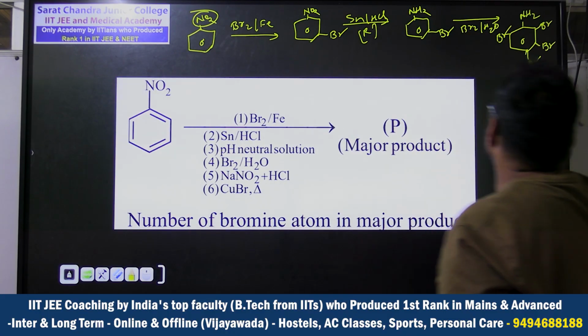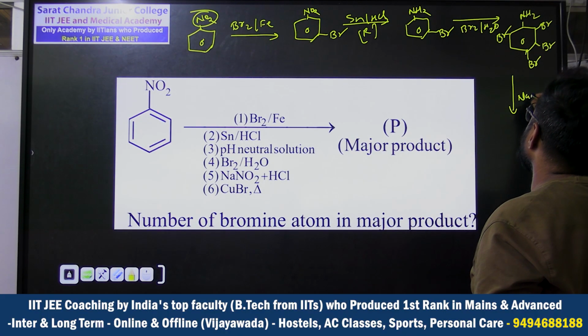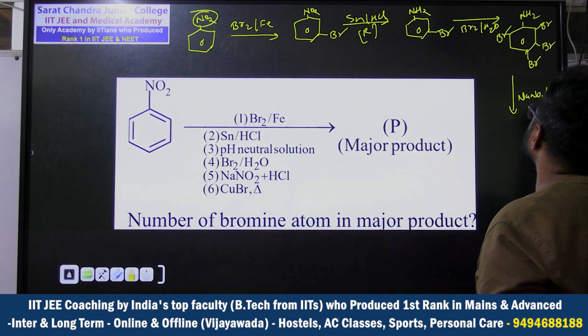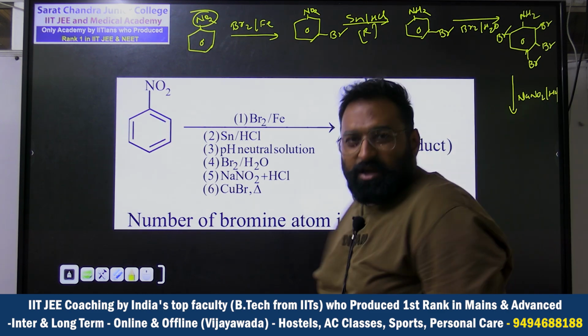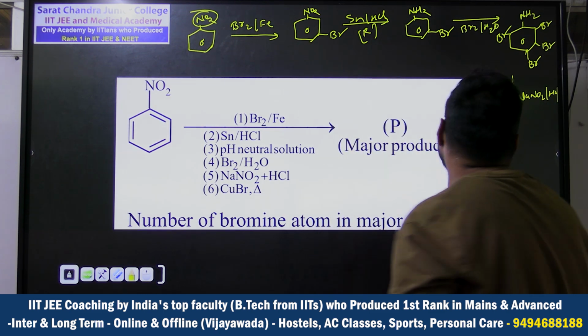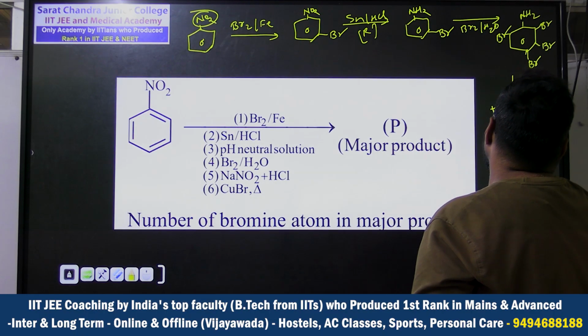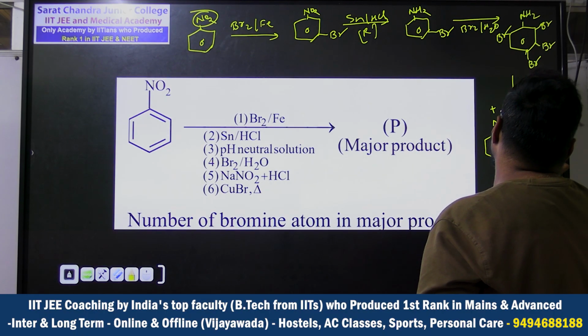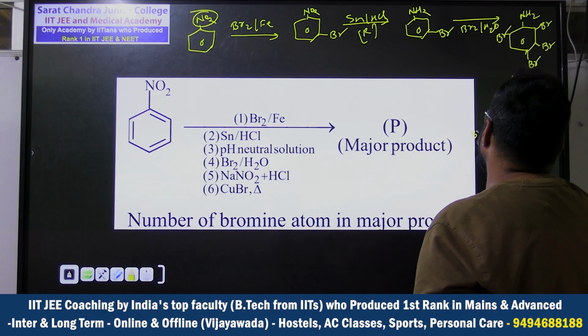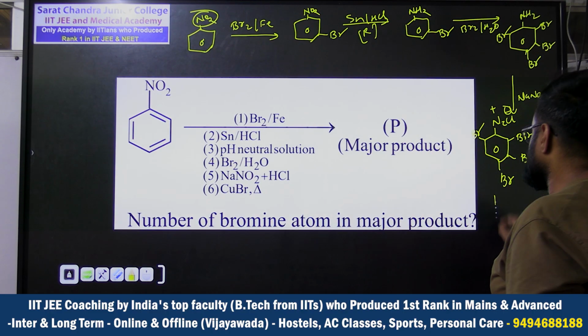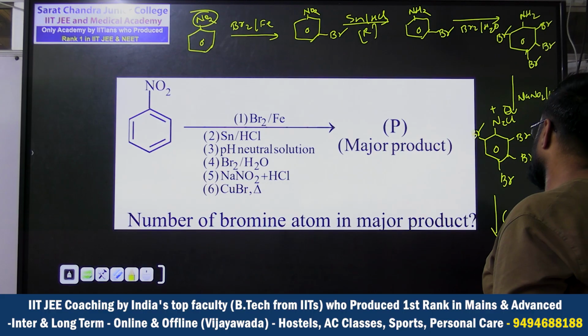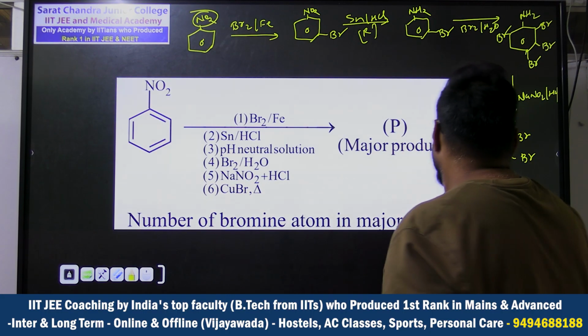Now fifth, NaNO2 with HCl. This is the diazonium salt reaction, which will produce the diazonium chloride with the bromines. And the last, CuBr, Sandmeyer reaction.